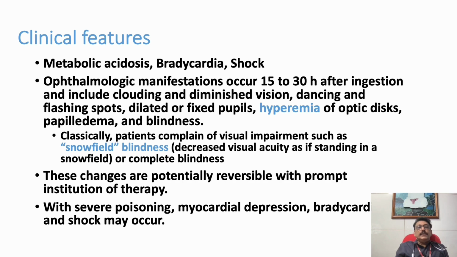So patient can have metabolic acidosis, bradycardia, shock and all, but the most important clinical finding will be snowfield blindness. That means slowly decreasing visual acuity as if standing in a snowfield. Initially there will be reduced vision, then haziness of vision, then complete loss of vision. It is always bilateral, but it is reversible.